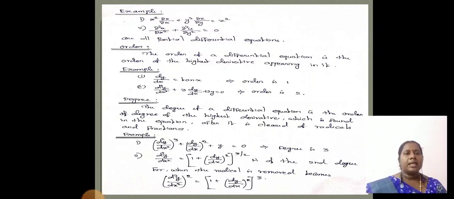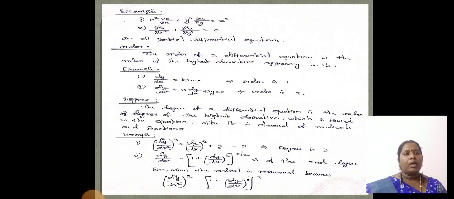Next, let us see order of the differential equation. The order of the differential equation is the order of the highest derivative appearing in that equation. For example, dy by dx equal to tan x. In this equation, the highest differential coefficient is dy by dx.